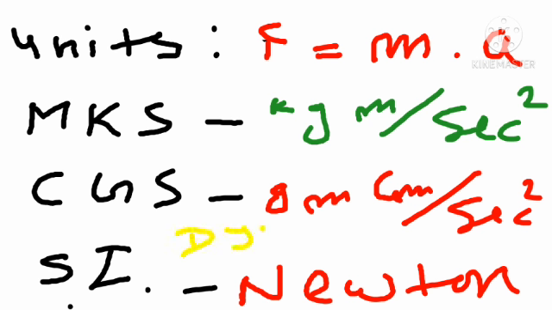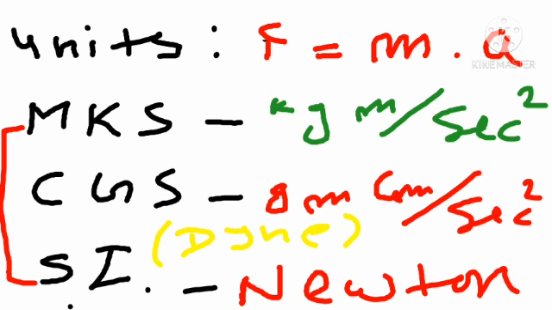So you have to learn the formula: F equal to ma, force equal to mass multiplied by acceleration. So you can define force as the product of mass and acceleration.